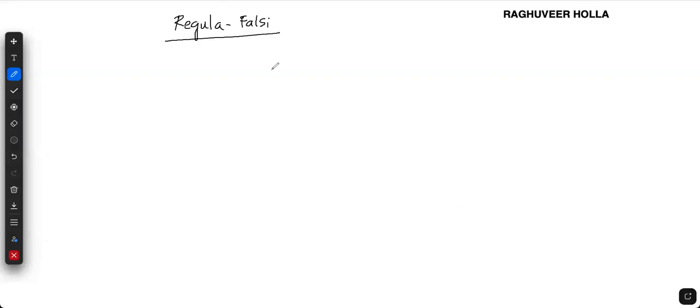Let us have a look at another problem where we are trying to find the real root of the equation by the Regula-Falsi method. So let us start solving this.